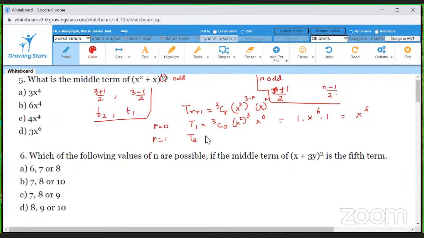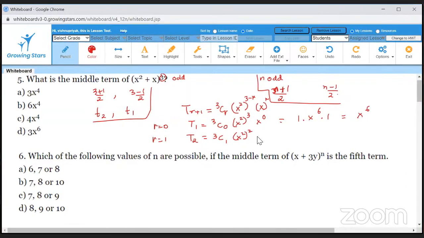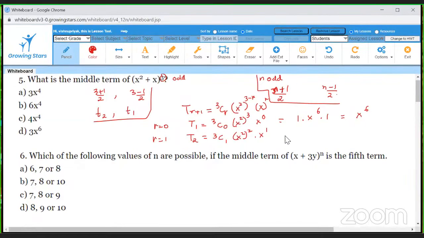R I will put 1. Then I will have T2. 3C1 x square power 2 and x power 1. 3C1 is 3, x power 4 and x. So 3x power 5.